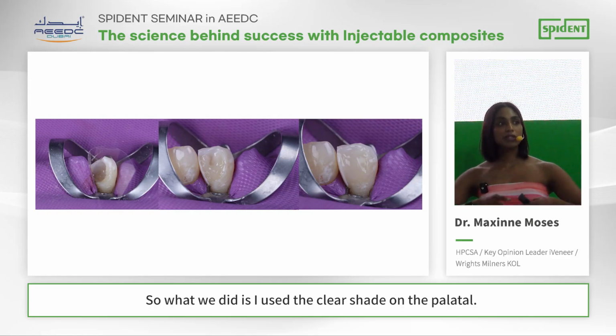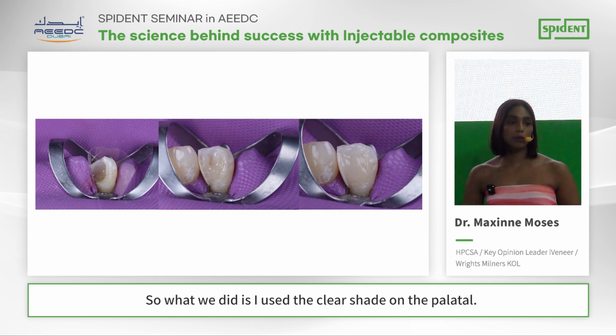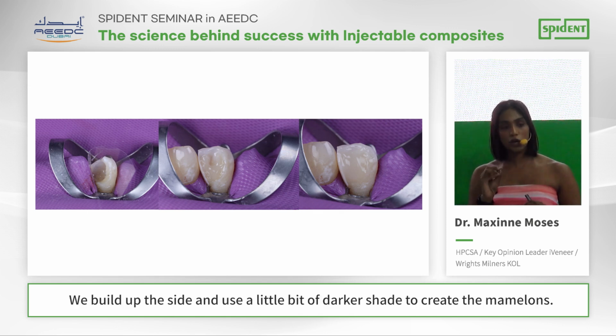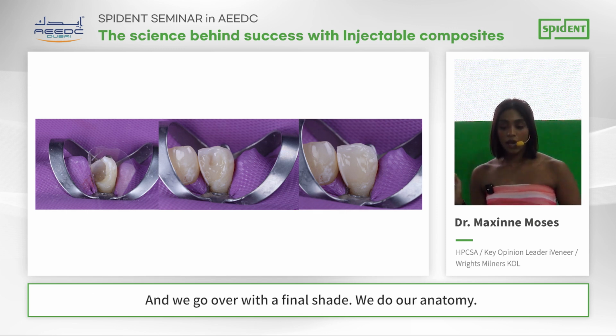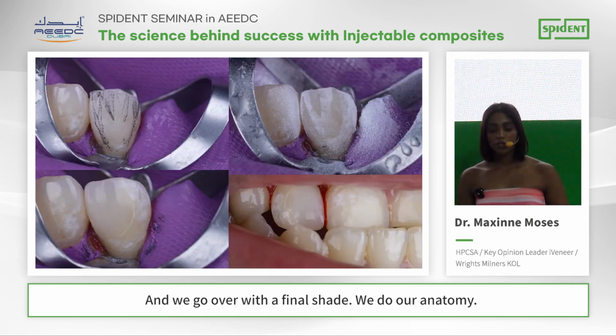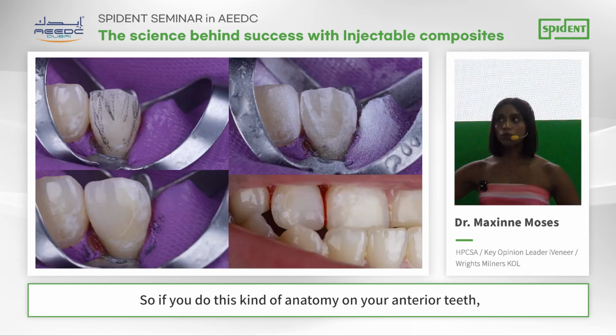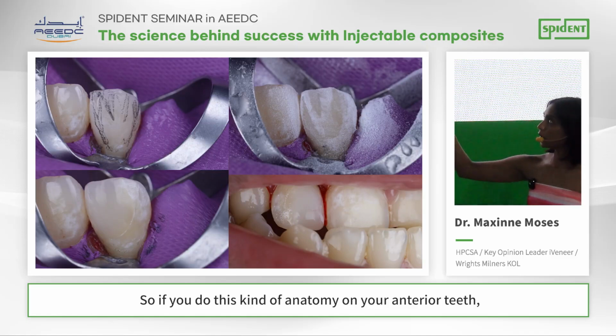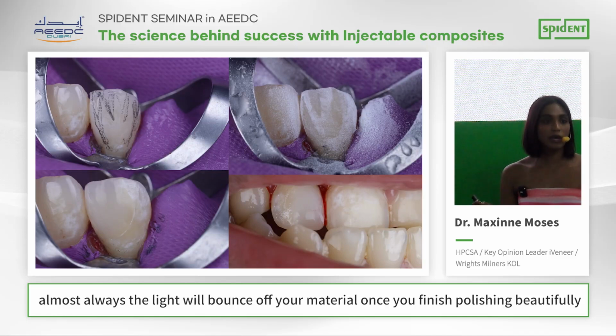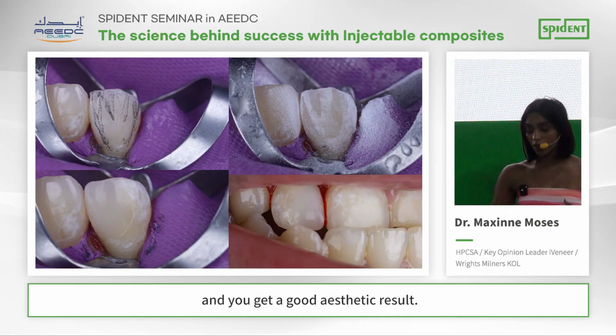I used the clear shade on the palatal, we build up the side, and we use a little bit of a darker shade to create the mamelons, and we go over with a final shade. We do our anatomy. If you do this kind of anatomy on your anterior teeth, almost always the light will bounce off your material once you finish polishing beautifully, and you get a good aesthetic result.